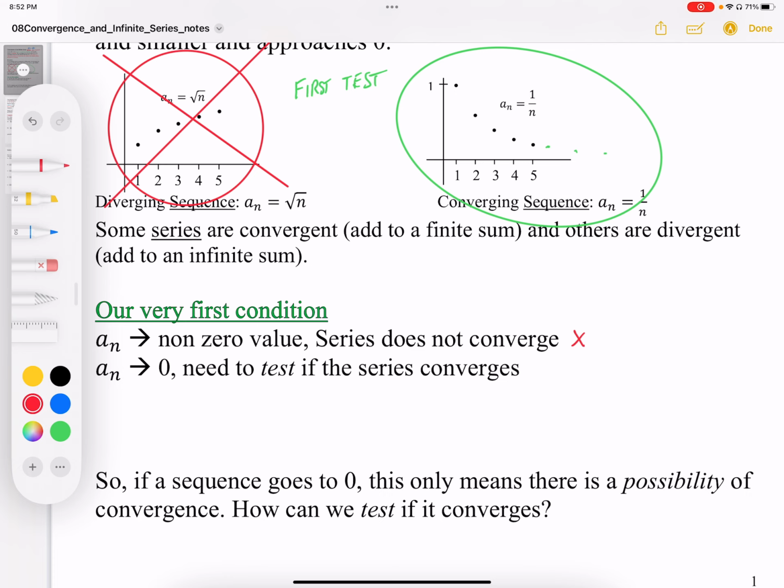It just gives us an okay to move to the next step, and we're going to have some tests later as our next steps. But it has to pass our very first condition before we even move on. So although this is a check, it's still a question mark. It only passed the first test. There's more to do.